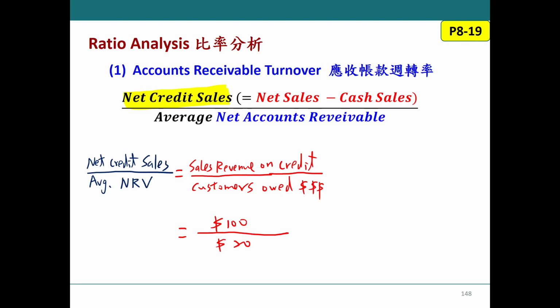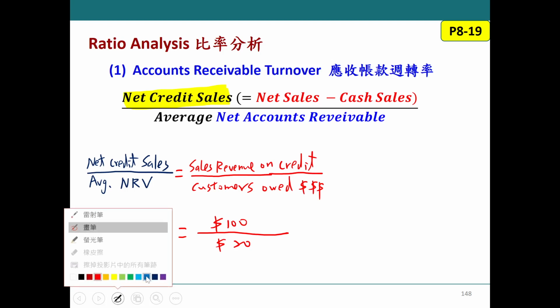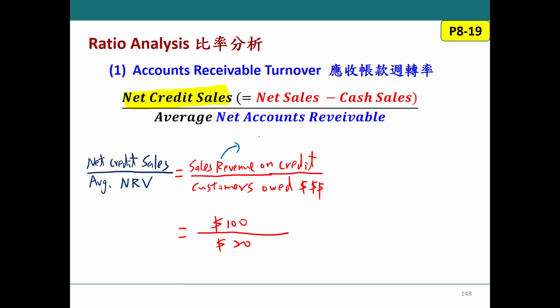When you sell the products, the customer owes you money on the first date. So that's net credit sales.